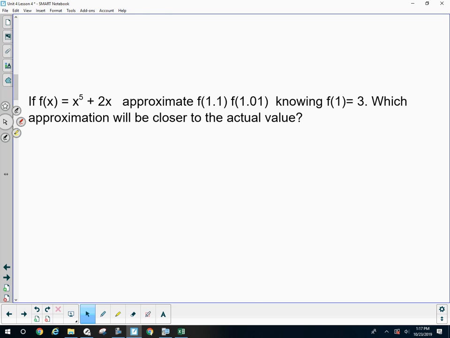I want to get away from 1. I want you to change it up here. I want to approximate f of negative 1.1 and negative 1.01. Would I use the fact that f of 1 equals 3? No, Ms. Clean, you're shaking your head. Why not?